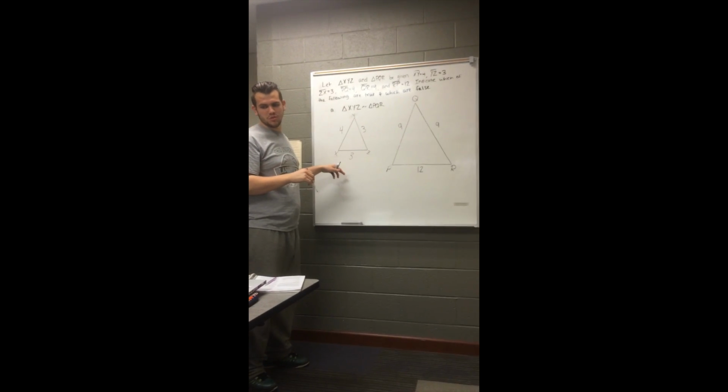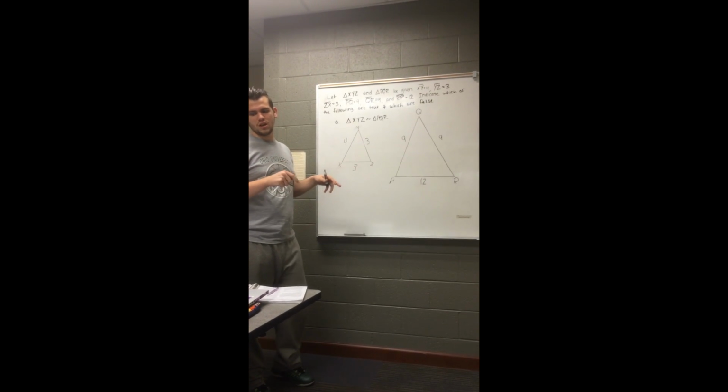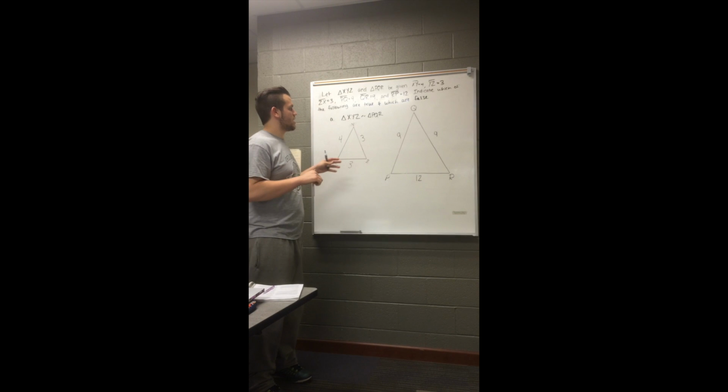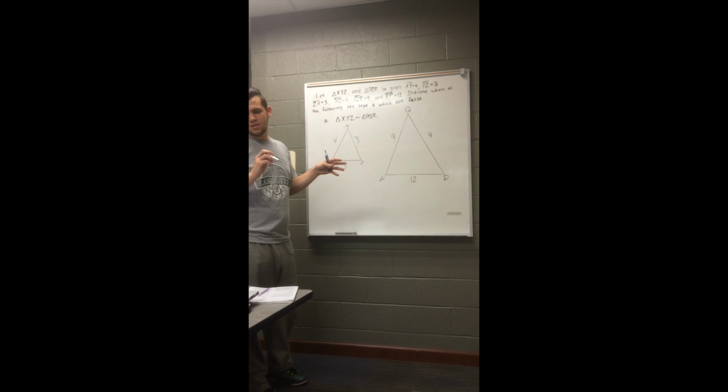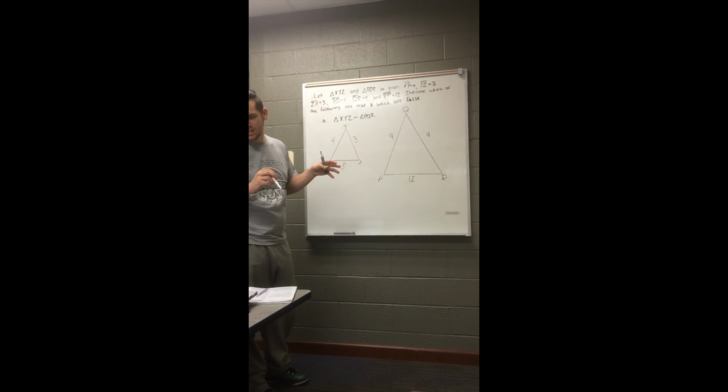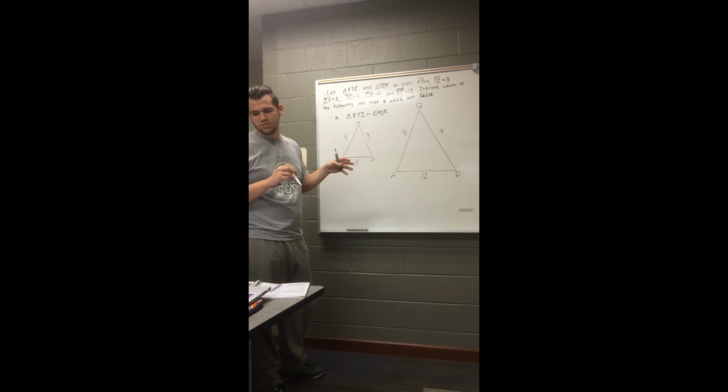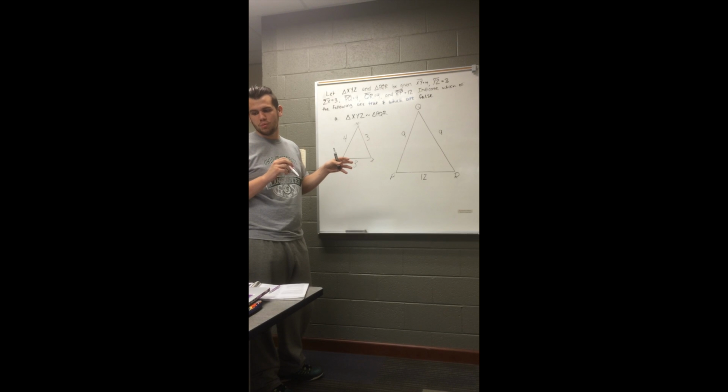So I already went through and labeled the triangles, and for the 2 triangles to be similar, we're going to use the side-side-side theorem in similarity, which is if the 3 sets of corresponding sides of the 2 triangles are in proportion, the triangles are similar.